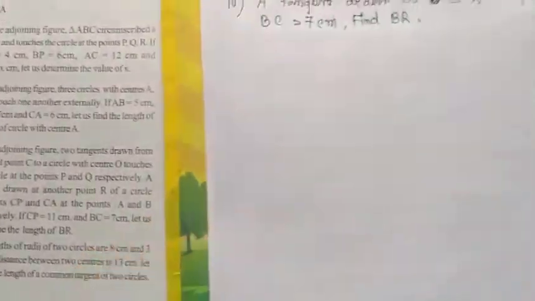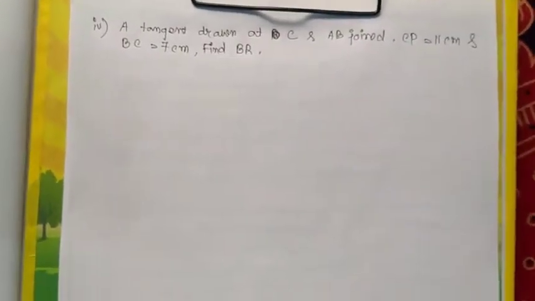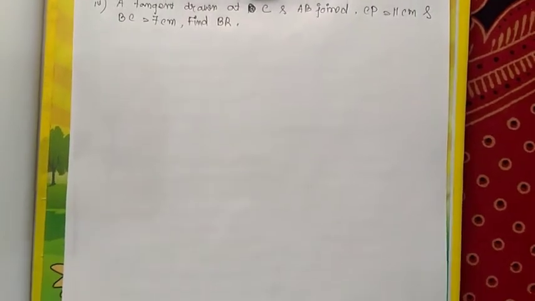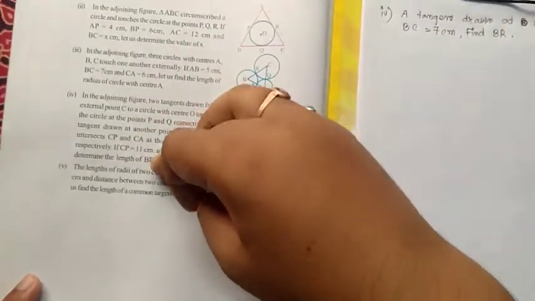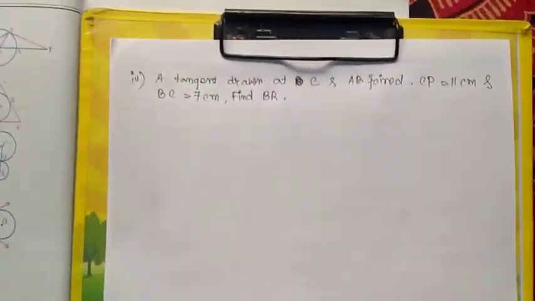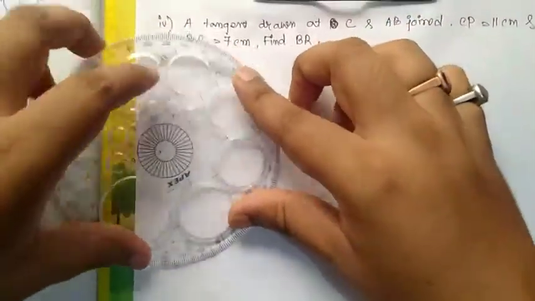Here I don't copy the whole question, just only writing those important things. So you're gonna copy the total question. So therefore we're gonna first draw this diagram. This diagram should be like this one.